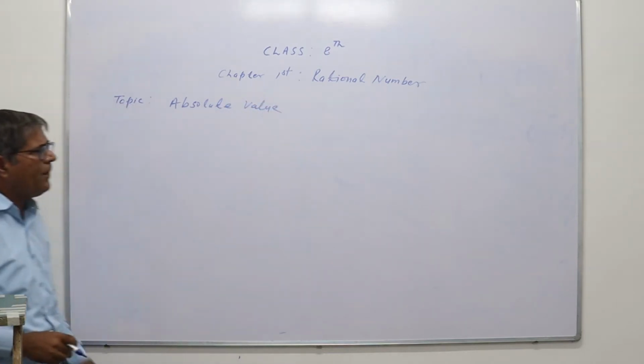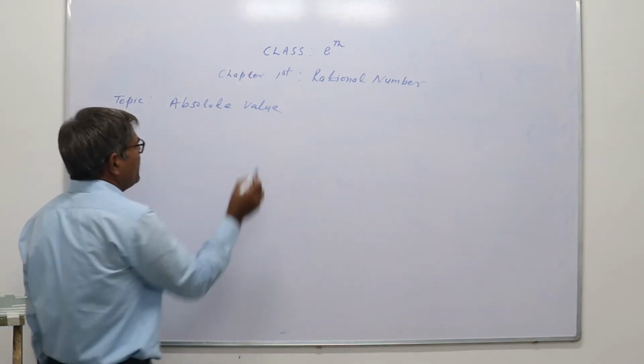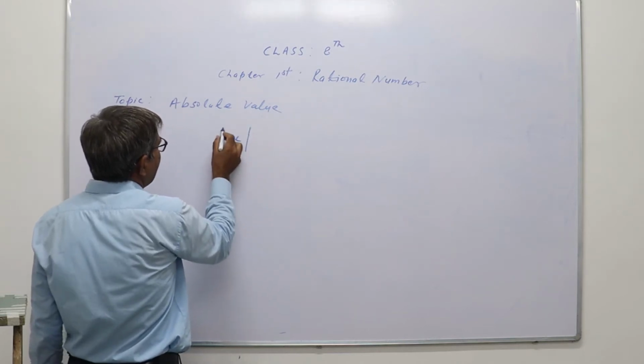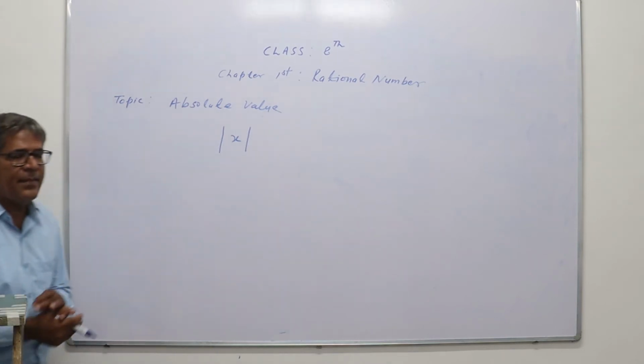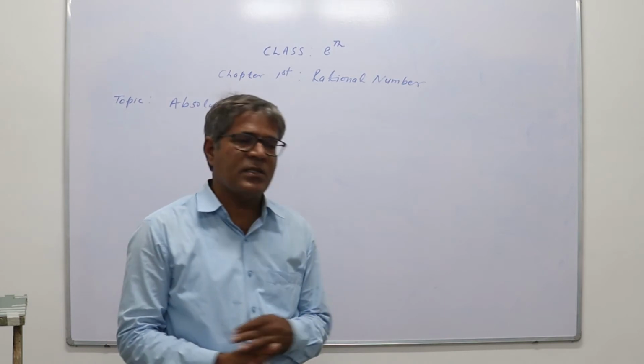Absolute value of any variable. Let us suppose x is any variable. Variable means one whose value is not fixed, and generally a variable is represented by x, y or z.